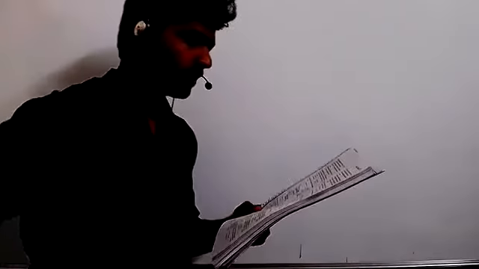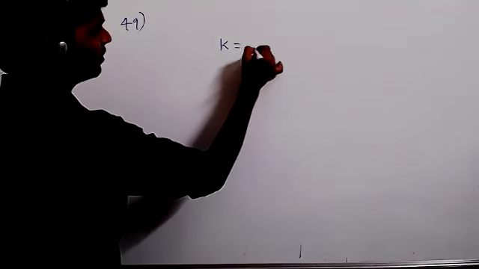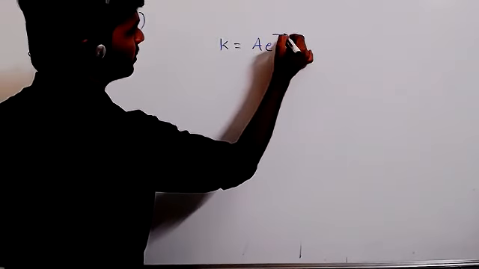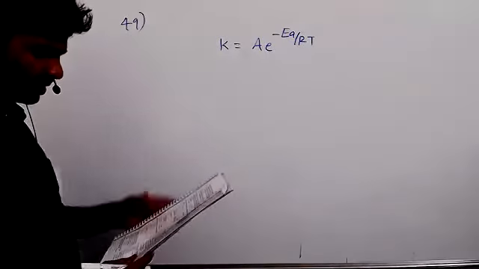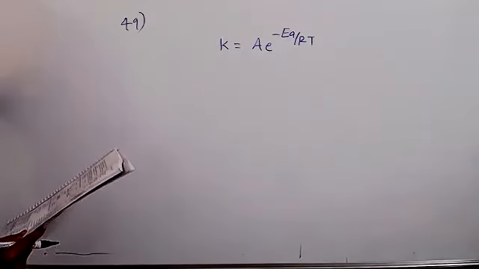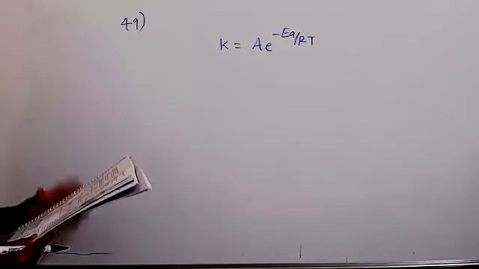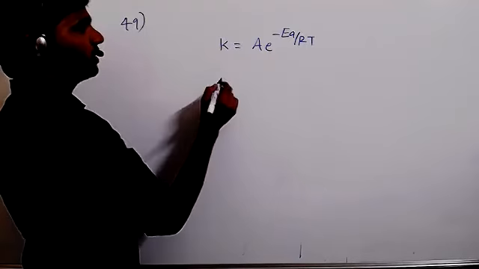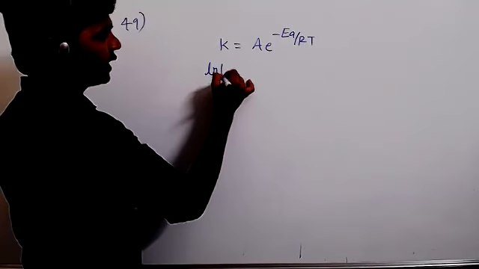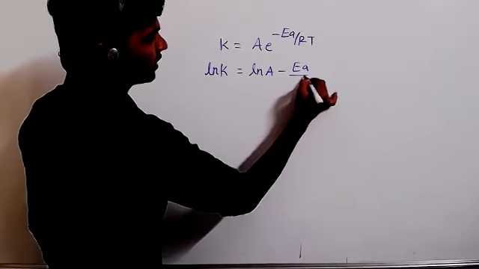The Arrhenius equation may be represented as: K is equal to A into e power minus EA by RT. Which of these may not be represented? First apply ln on both sides. ln K equals ln A minus EA by RT.